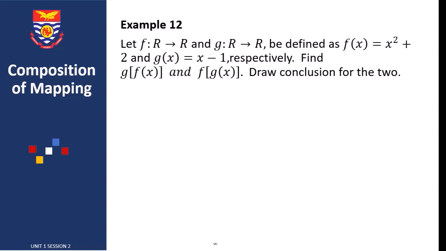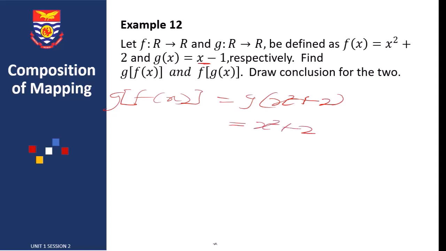The first one is g of f of x, which equals g with f of x, x squared plus 2, put inside. Any place you see x in g, you put in x squared plus 2, and that gives x squared plus 2, and then there's already minus 1 there.